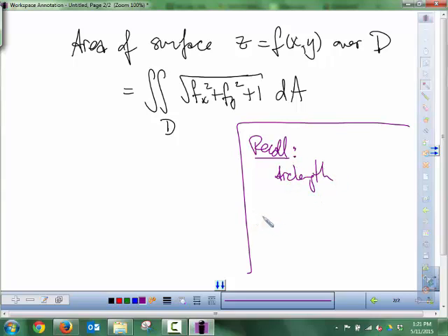The arc length looked like this, right? It was, how did it look? So it looks very familiar, right?